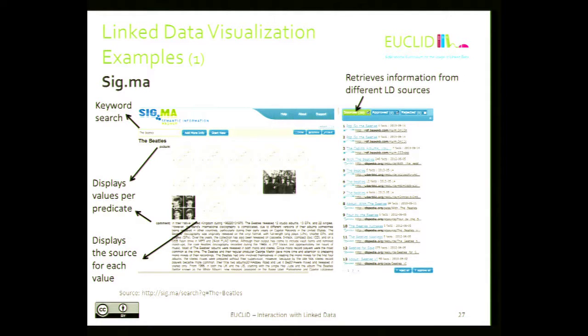What is special to Sigma is that it also shows here, in tiny gray, besides this picture, the provenance, so the origin of this specific data item. In this case of this Beatles picture, the provenance is under reference 15. All the possible references are displayed here on the right side.